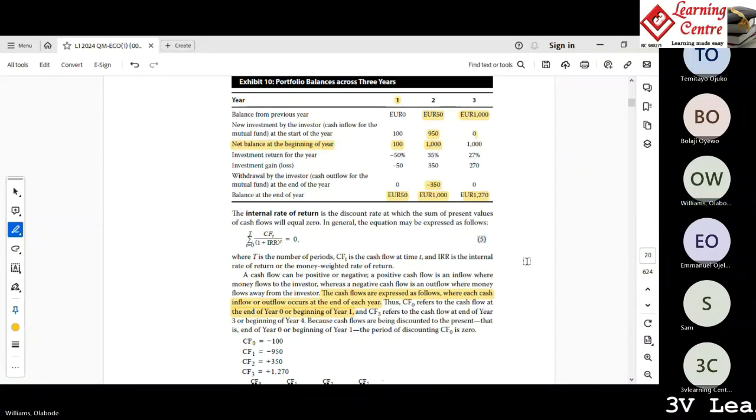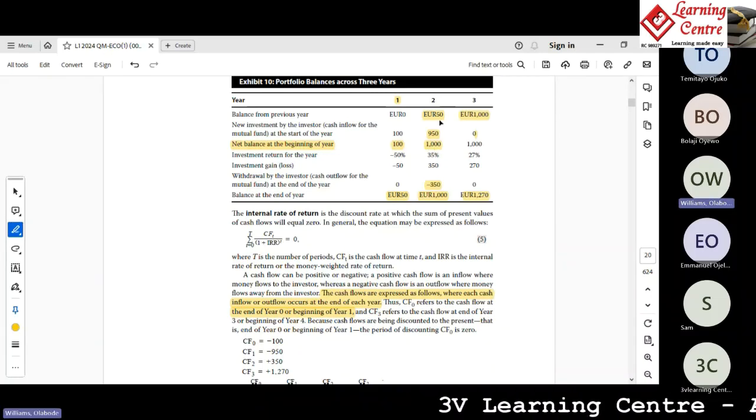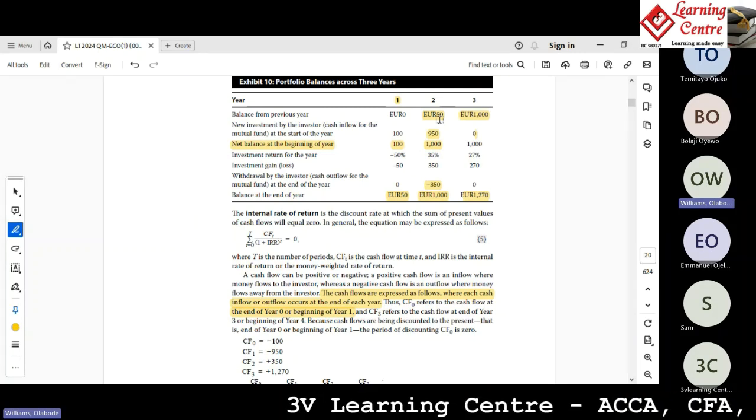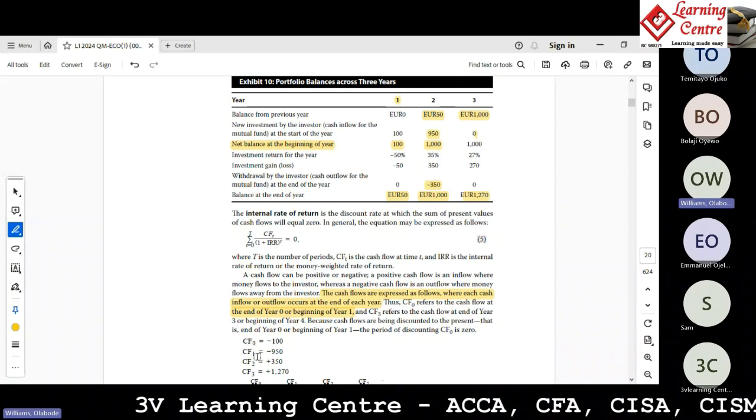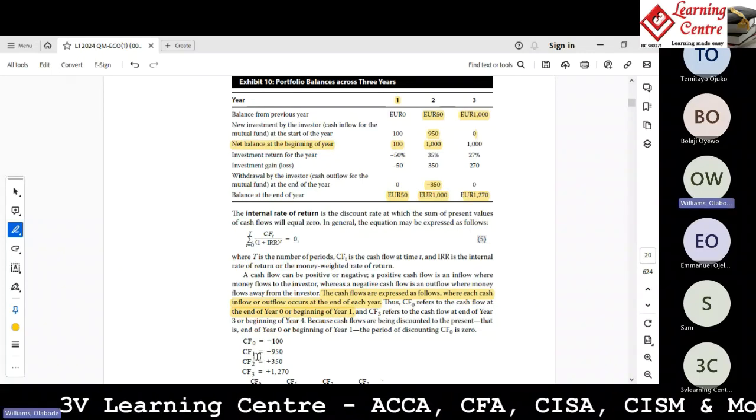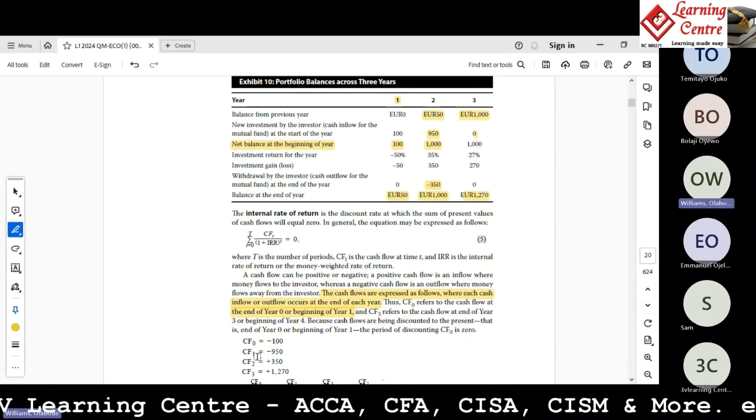So you can see that the 950 happened at the beginning of year 2, so it is indexed back to year 1. You can see that it's stated here at CF1, so it's stated as year 1 cash flow, right?